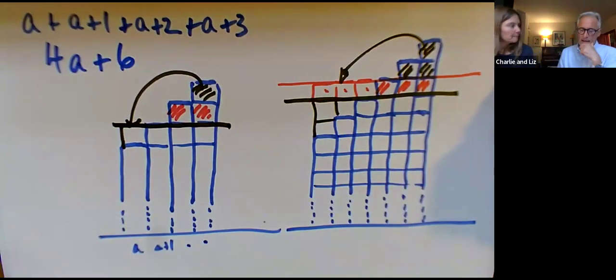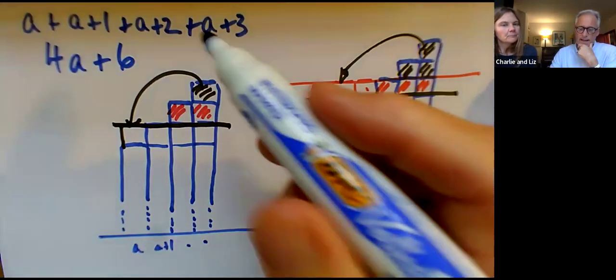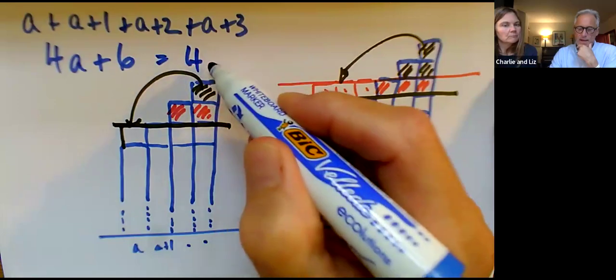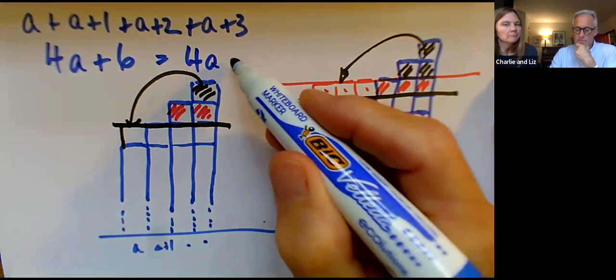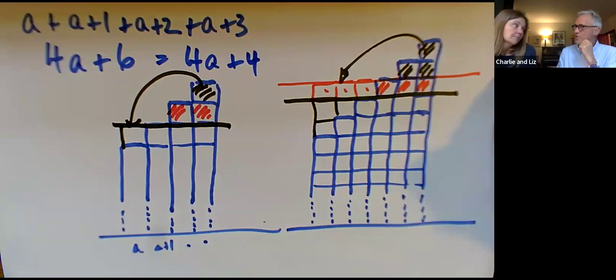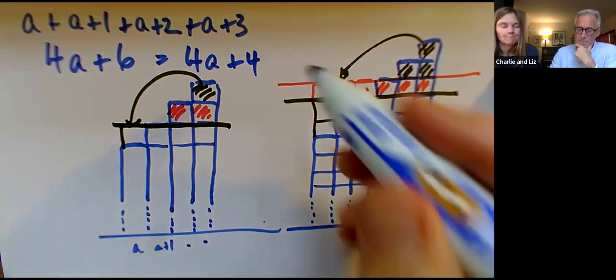And why should that make 2 more than a multiple of 4? Well, one way of thinking about it is that's the same as 4A, which is a multiple of 4, plus 4, which takes you to the next multiple of 4, plus another 2.